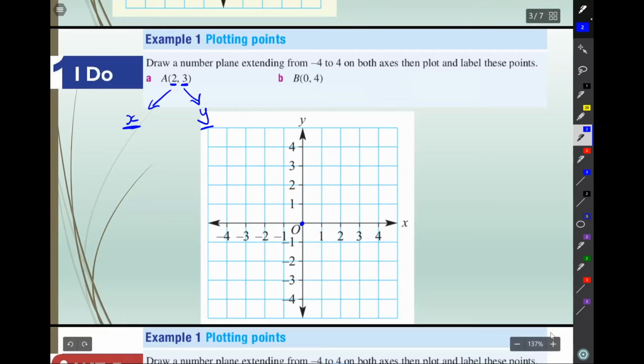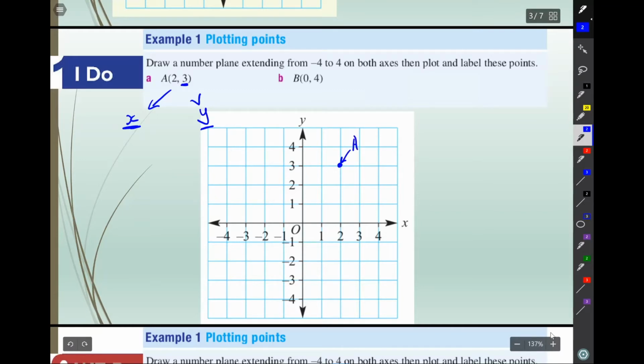We start in the middle, and then we crawl 2 units. That comes from here, the 2, the x, and then we climb 3 units up to here, and that comes from the y, the second point. So this point 2, 3 is here.